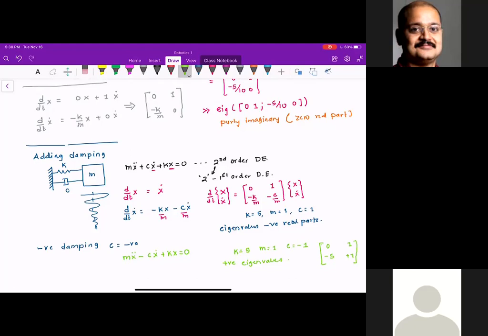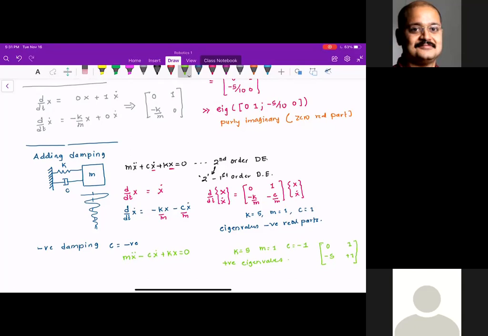If one eigenvalue is negative, it means that a component of this big system is simply stable. If the other eigenvalue is 0, the other component is neutrally stable.